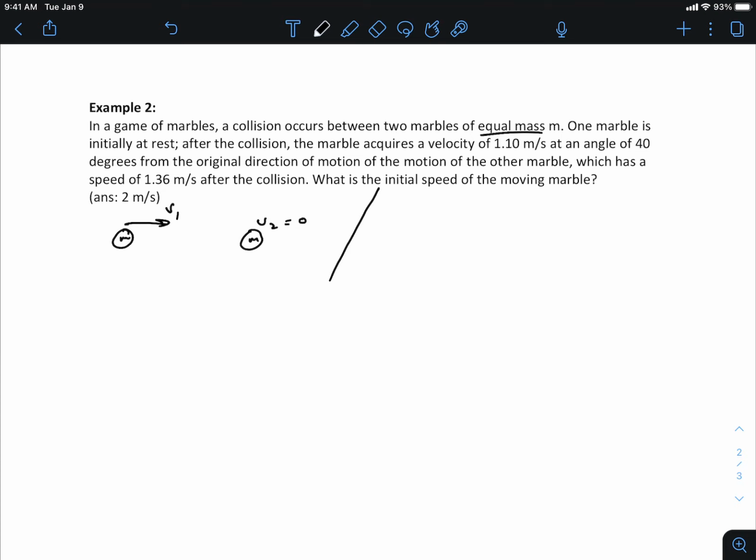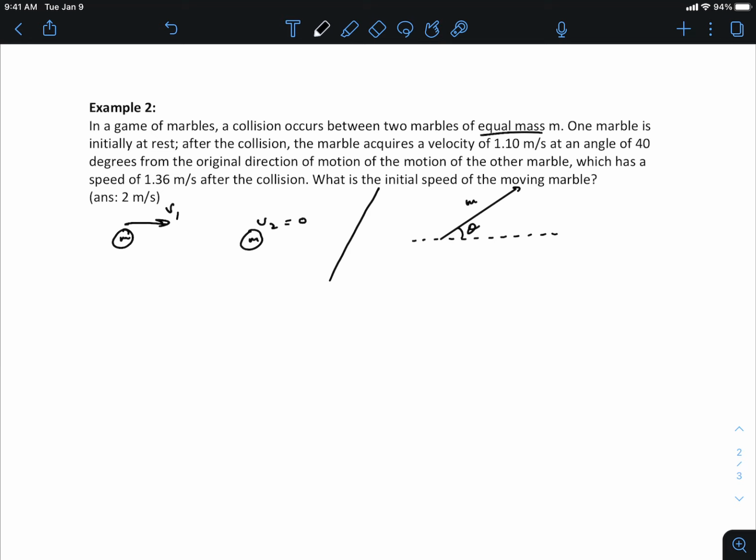After the collision, I want to draw a dashed line. One of these marbles moves in this direction at some angle theta. We'll just write everything generically.